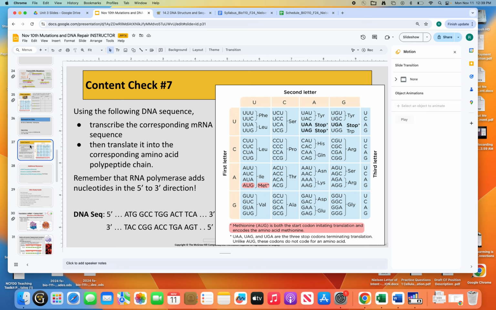Now the polymerase is reading in this direction, but it's building in a 5 prime to 3 prime direction. So if we were to read this, A would normally be T, but because it's RNA, it's a U, so that would be U, and C would be G, and so on.